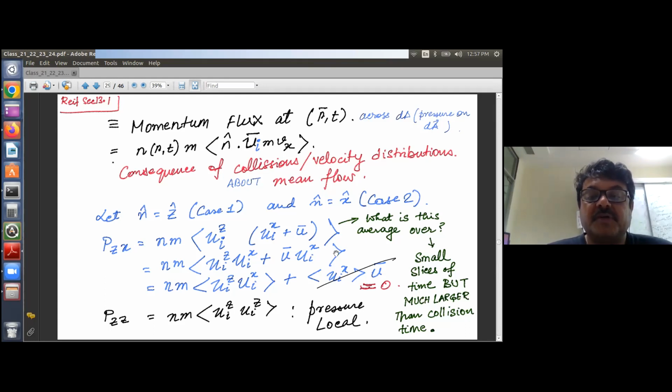So when you take an average, this will go to 0, and even if there was this, you are really writing down the fluctuations, right? This would go to 0, and what you would get is the net momentum transport due to collisions or the motion, u_zi u_xi.